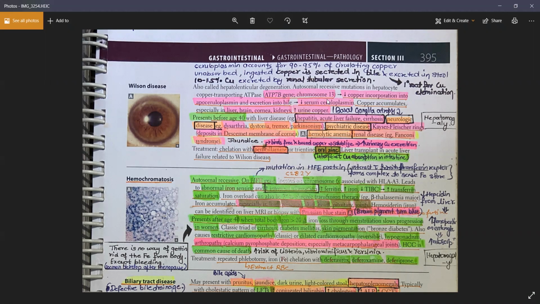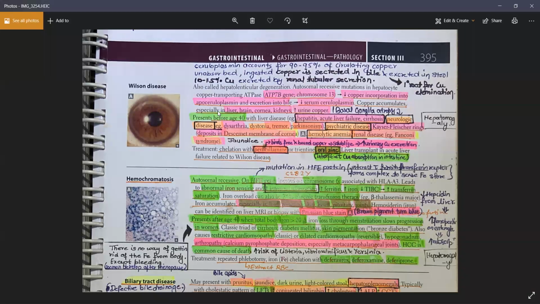So you will be having a very high urinary copper, because the kidneys will increase the excretion of the copper. They will be excreting like 20 to 30% of the copper, and as a result, the copper concentration in the urine will be increased.